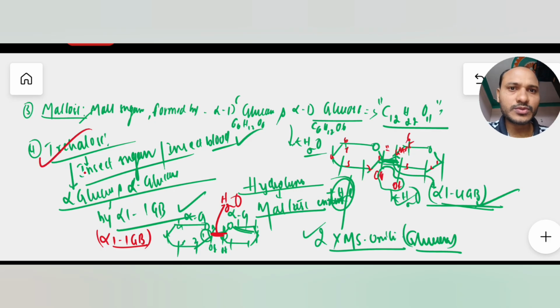That type of sugar is called trehalose. In trehalose and maltose the major difference is alpha 1,4 glycosidic bond in maltose, but alpha 1,1 glycosidic bond in trehalose. That is the major difference in bond formation. Right, this is all about the important disaccharides we discussed.